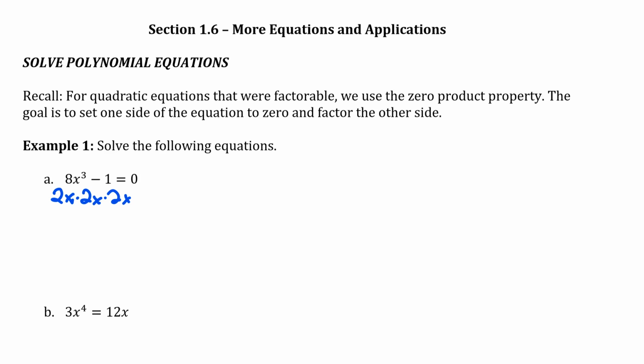So I have these three different terms for this 8x to the third. Minus 1 can be rewritten as 1 times 1 times 1. Now whenever I'm looking at a difference or sum of cubes, I'm going to have the first set of parentheses as 2 possible terms, and the second set as 3 possible terms.